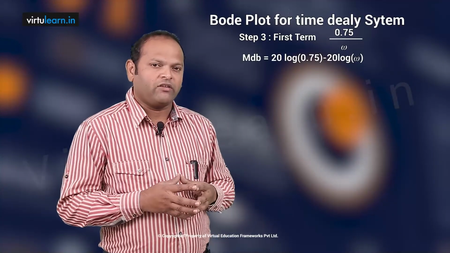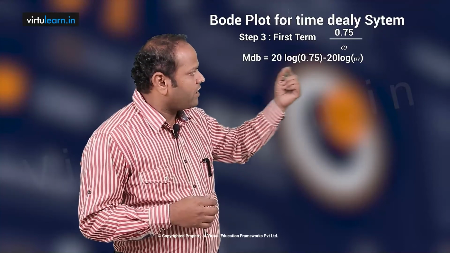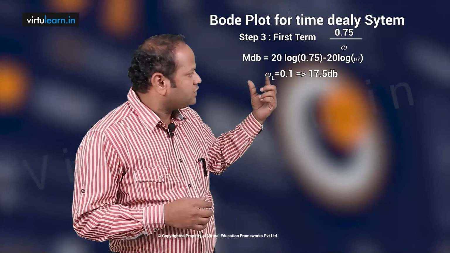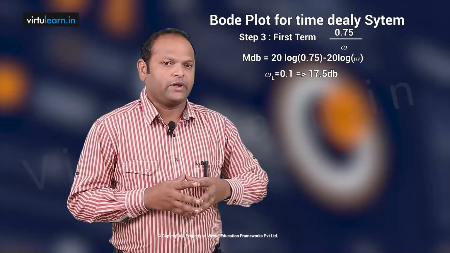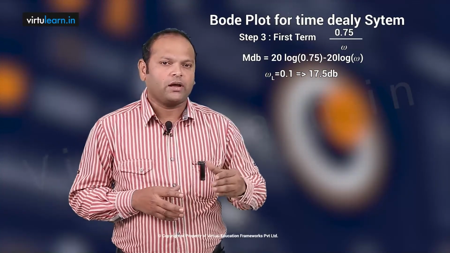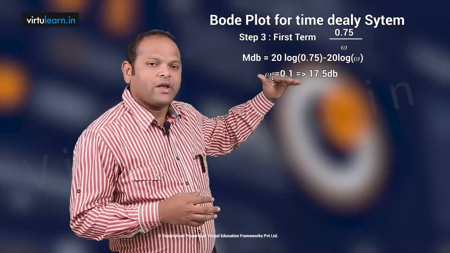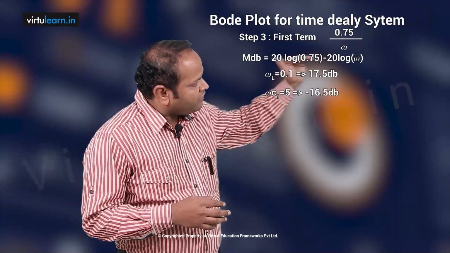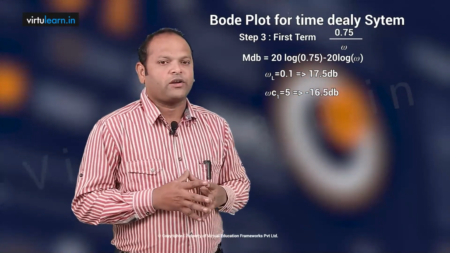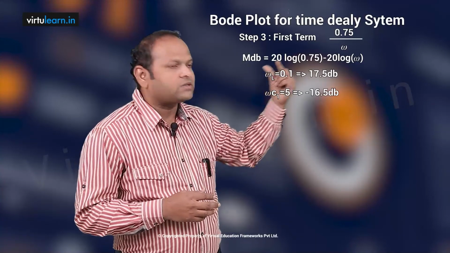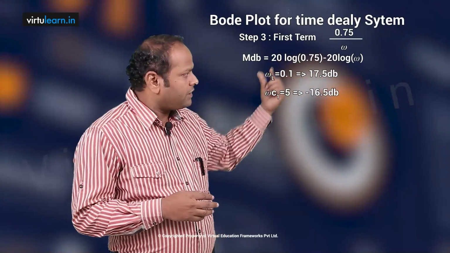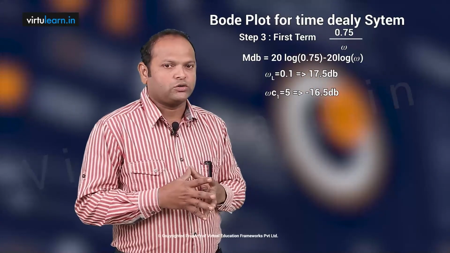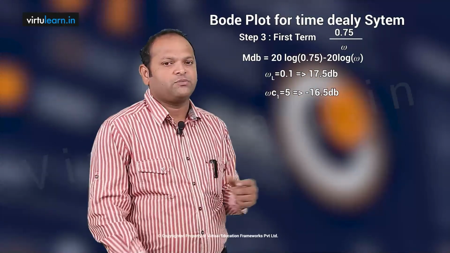When you substitute omega L, that is 0.1, it is going to be 17.5 dB. This is the M dB value at omega L. Similarly, for the same expression we substitute omega c1, that is 5 radian per second, and it is going to be minus 16.5. So at 0.1 the value is 17.5, then as omega increases to 5 we have a drop in the magnitude, that is minus 16.5 dB.